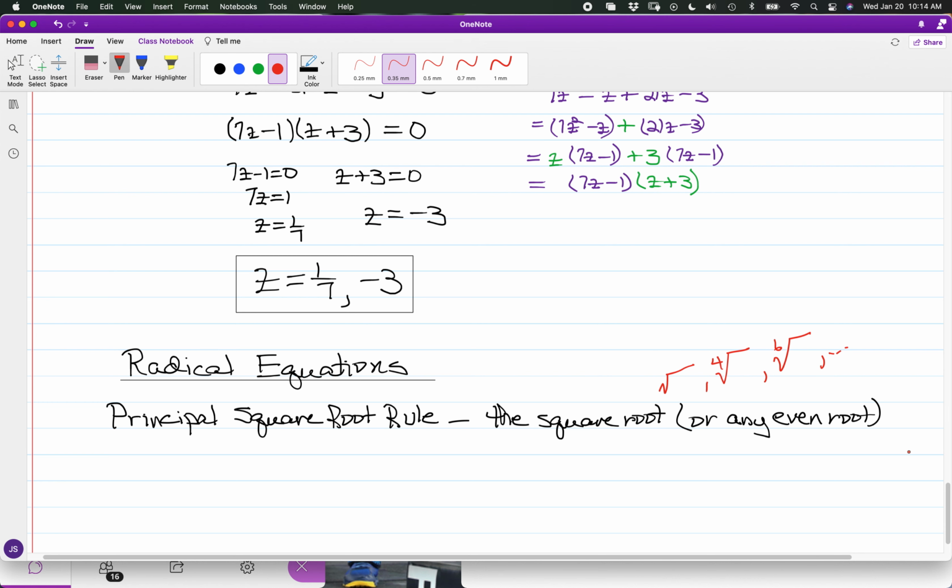And the square root or any even root of an expression cannot reduce to a negative constant.